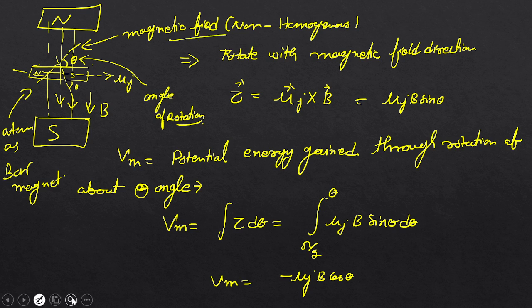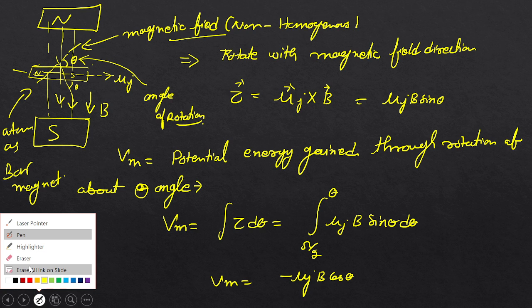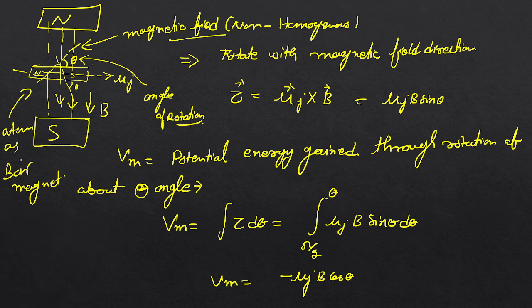So this is the concept, guys. Assume this is the north pole, this is the south pole, and here is the bar magnet we considered, since the silver atom is similar to a bar magnet. Because of that, it will rotate within the magnetic field, in the direction of the magnetic field. Let's assume the rotation of this bar magnet is through the angle theta.